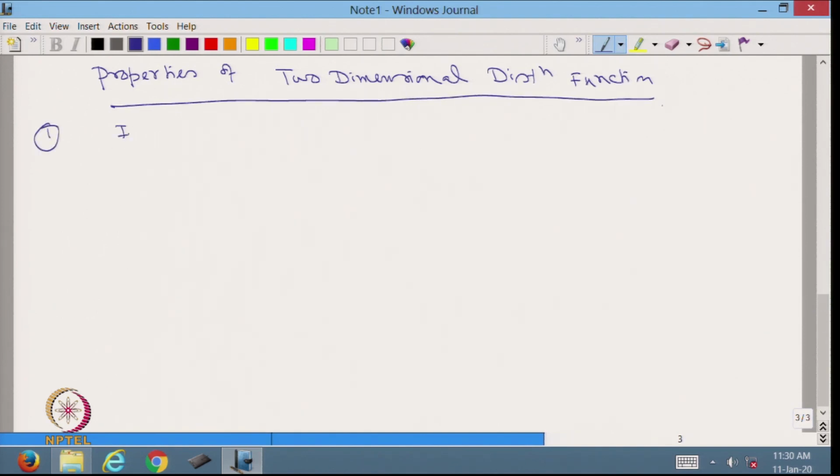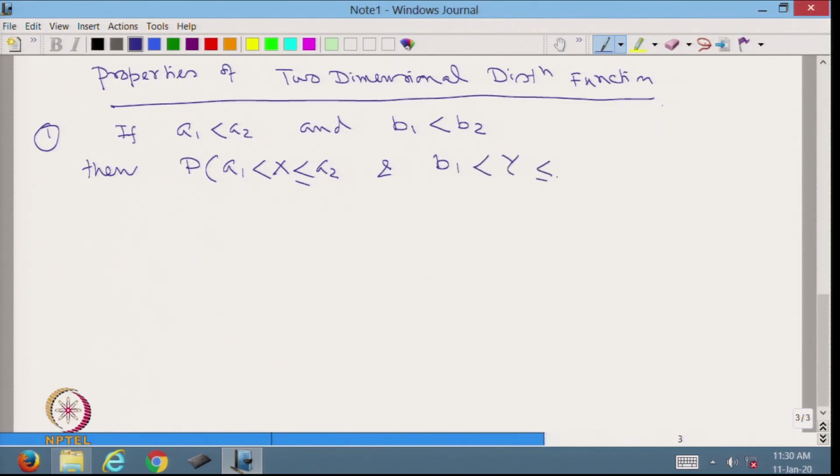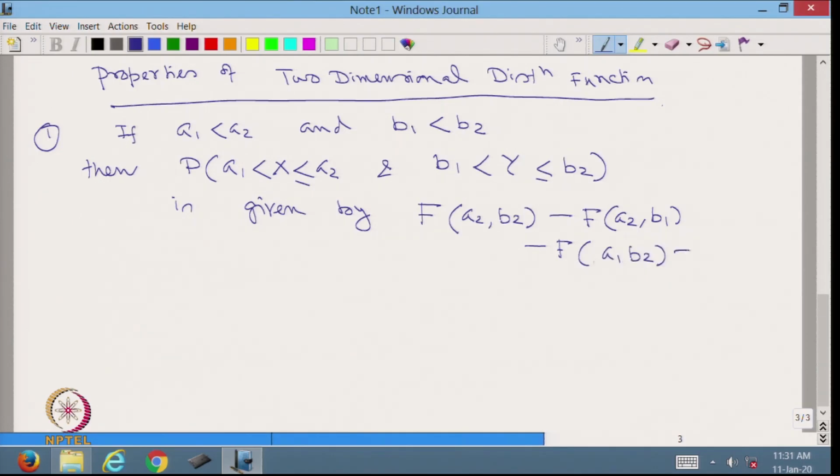One, if A1 less than A2 and B1 less than B2, then the probability that A1 less than x less than A2 and B1 less than y less than or equal to B2 is given by F at A2, B2 minus F at A2, B1 minus F at A1, B2 plus F at A1, B1.